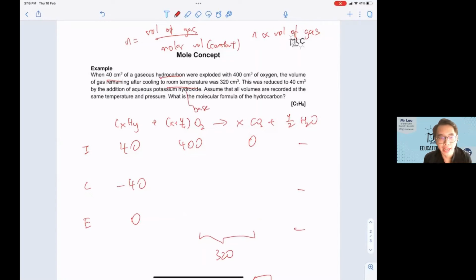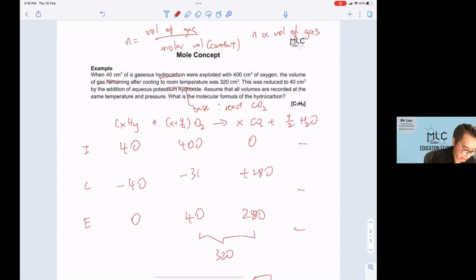Your base will react with your acidic gas, which is CO2. So therefore, when they say this was reduced to 40, this means that the oxygen gas leftover was 40 cm3. And since this is 320, this will be 280. Okay, so the CO2 formed is 280. So I'll just put this in, and this will be -360.